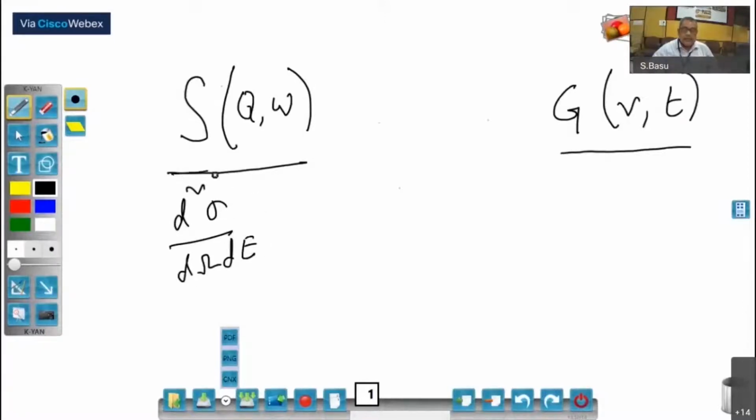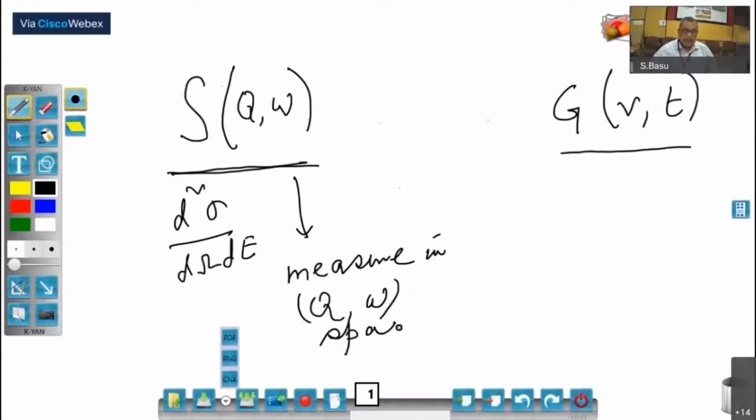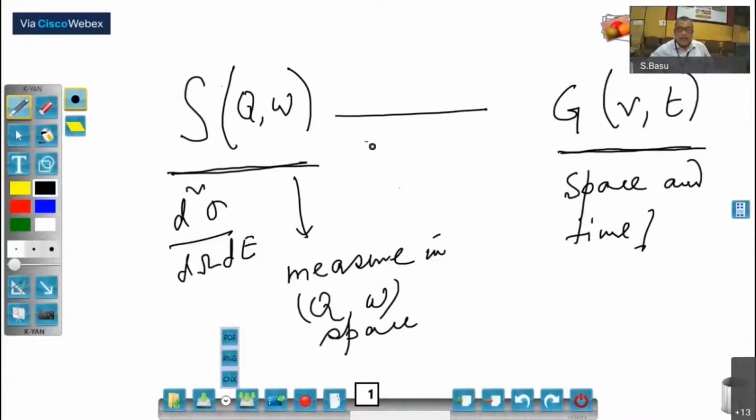So this is what I measure, in q omega space. And what I want to know is g of rt, how the system behaves in real space and time. And there is a double Fourier inversion between them.